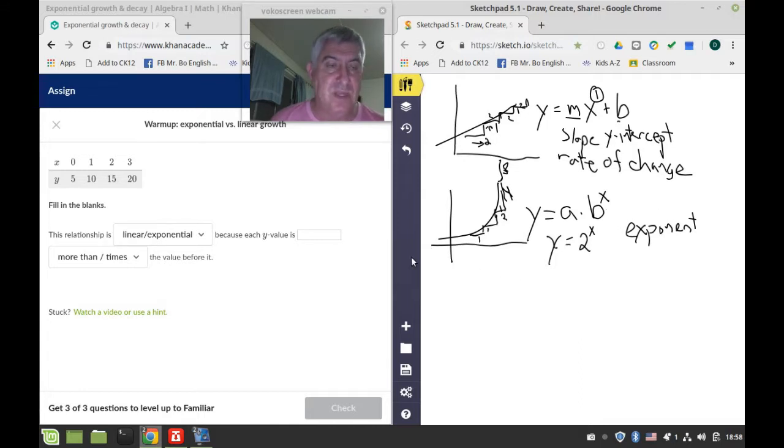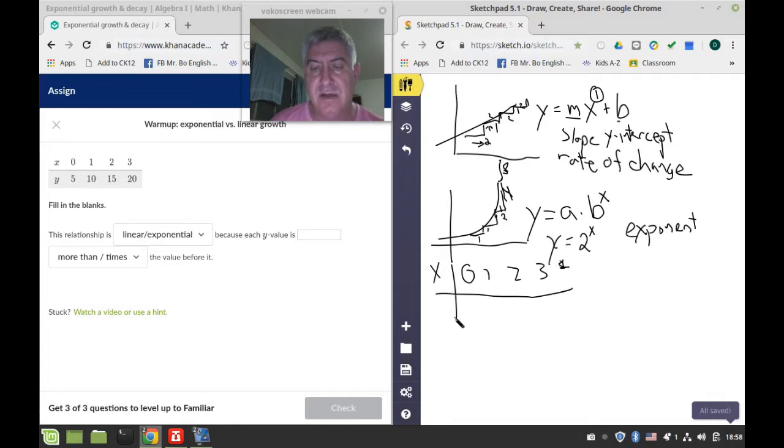Okay, so our first one over here, we have x values 0, 1, 2, 3. Always look at the x's, because sometimes you'll see the x's don't grow consistently. And our y's are 5, 10, 15, 20.